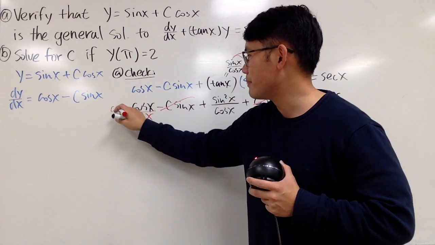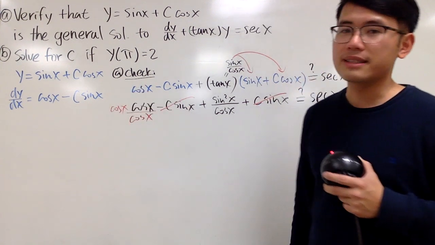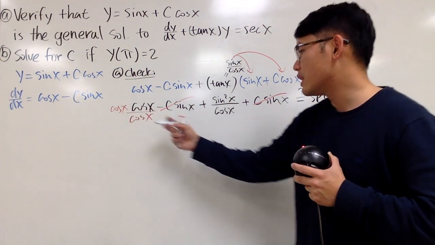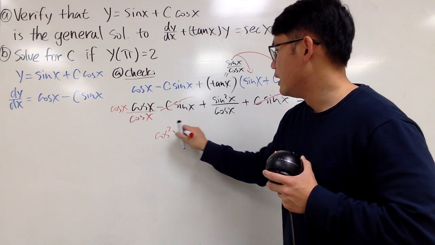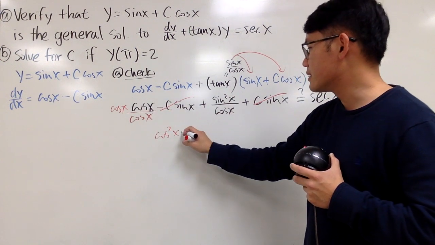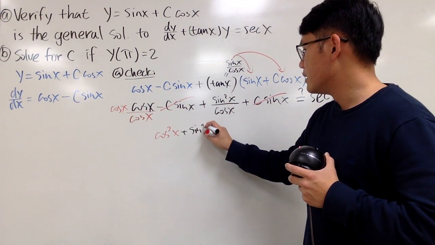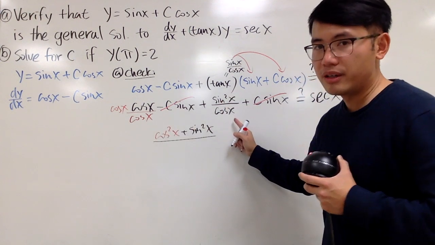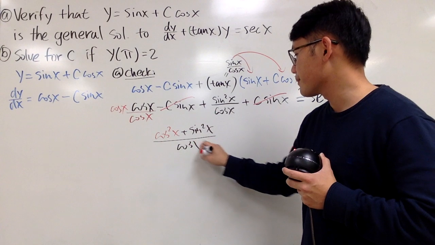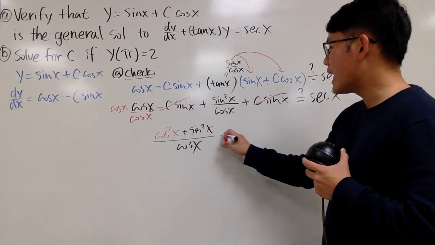Of course, I have to multiply by another cosine here, multiply cosine x, top and bottom. And then of course here we get cosine square x on the top. And then I can put this together with the sine square x on the top over the same denominator, which is just cosine x.